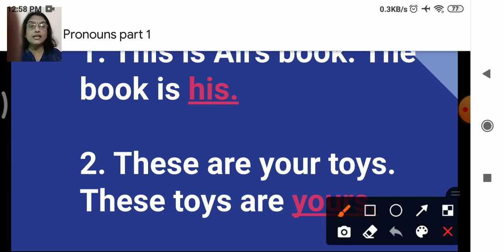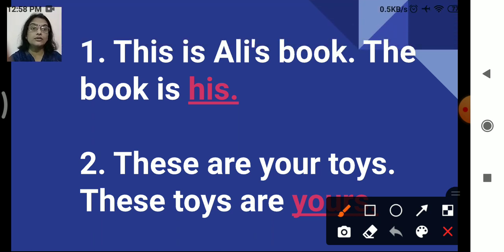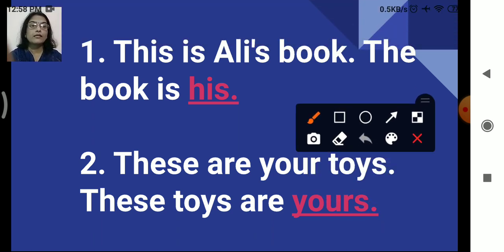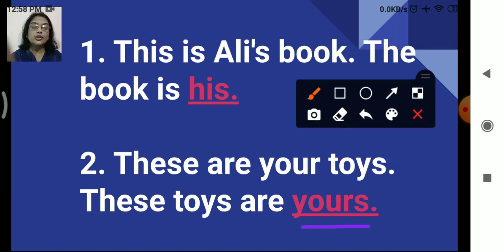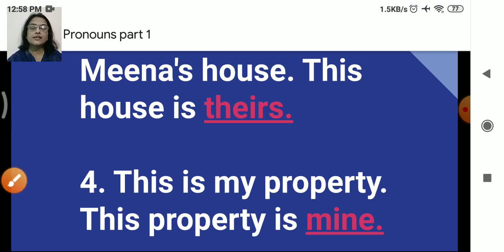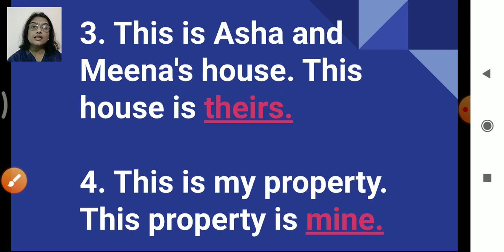Now, here you can see, again I would like to tell you the same thing. See here, yours, we have not used an apostrophe here. That is wrong. We should not use the apostrophe here. Simply you have to add s there. So, yours. Followed?